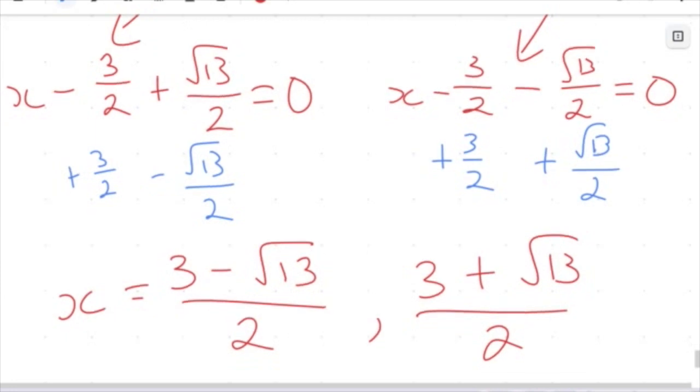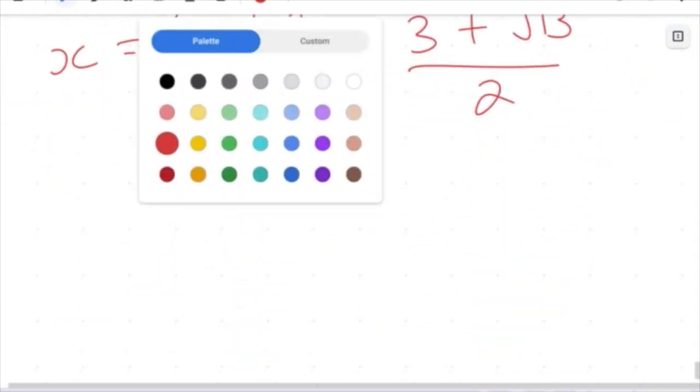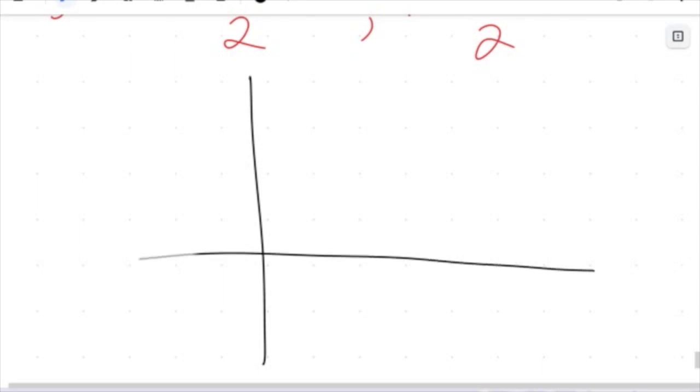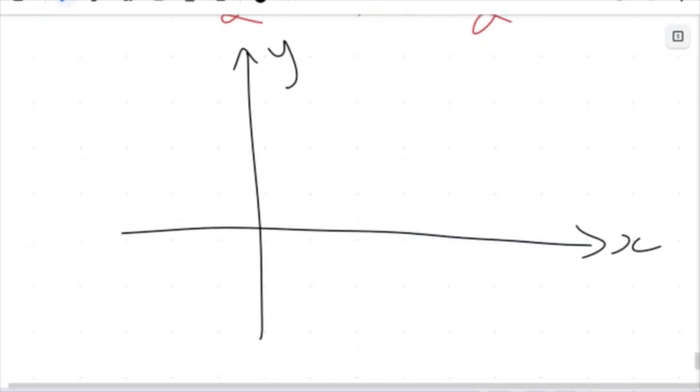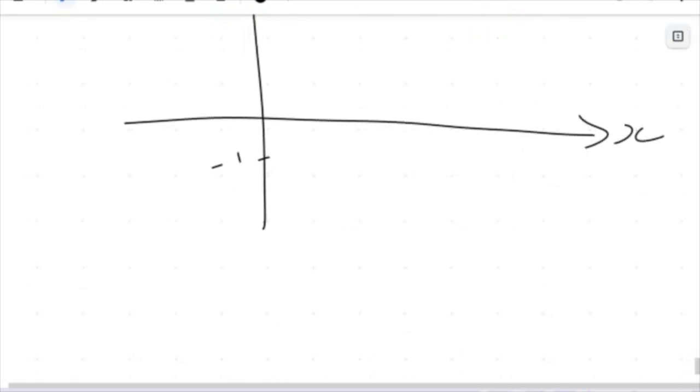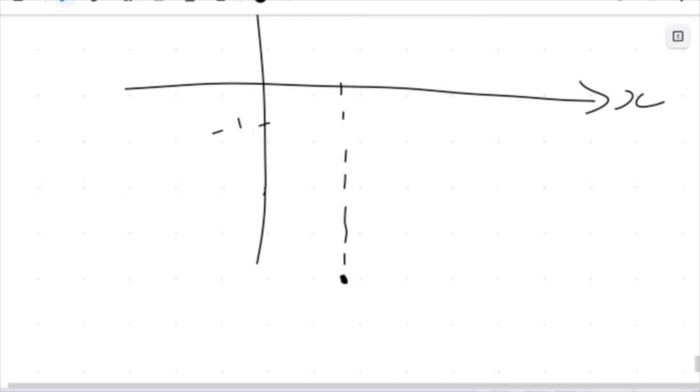And finally, I can draw this. It's going to look a little messy because now I'm working with surds with my x solutions, but you can just put these in your calculator and round them off. But I'll just draw what this roughly looks like. We have y, we have x. Okay, we have a y-intercept of -1. We have a minimum turning point of 3 on 2, -13 on 4.